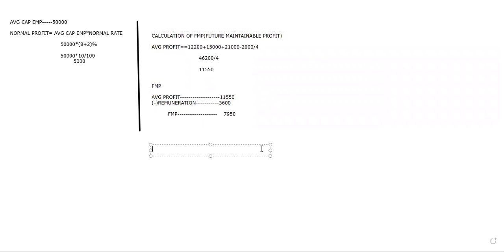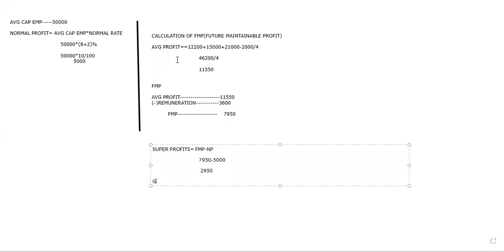Now I got both the things, so what I'm going to do now is super profits. Super profits is equal to FMP minus normal profit. FMP we got 7,950, minus normal profit, which we just got as 5,000, is 2,950. So simple.